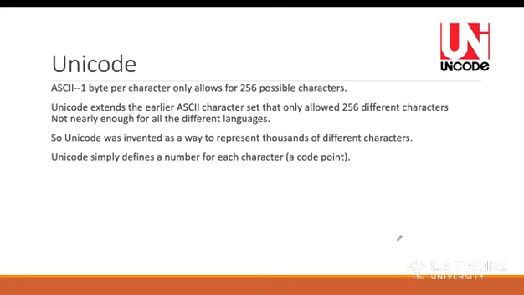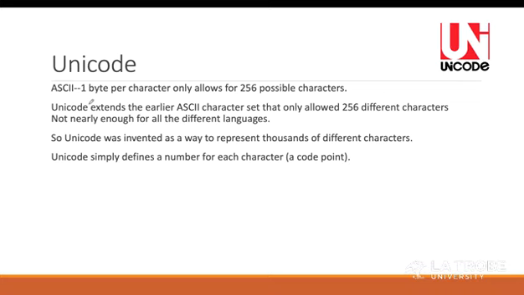Now, another way a character can be represented is Unicode. As we saw, ASCII stores 1 byte per character, and it only allows 256 possible characters. Unicode extends the earlier ASCII character set. ASCII allowed only 256 different characters, but with Unicode you can have more than that.